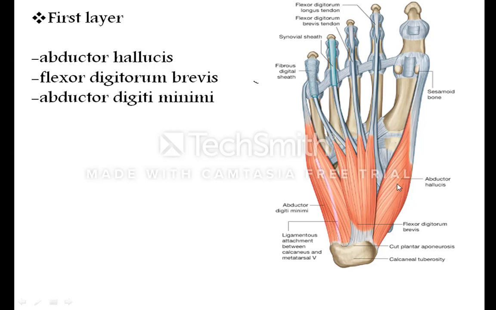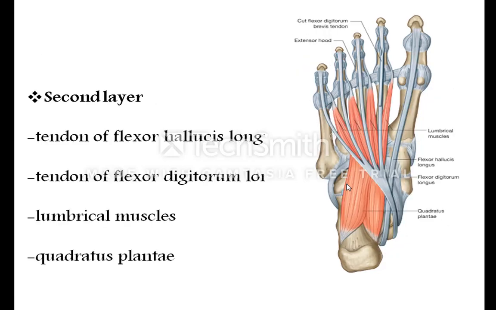These muscles are the abductor hallucis, hallucis meaning the big toe, and the abductor digiti minimi for the little toe. And here is the flexor digitorum brevis. So this is the first layer of the foot containing 3 muscles.